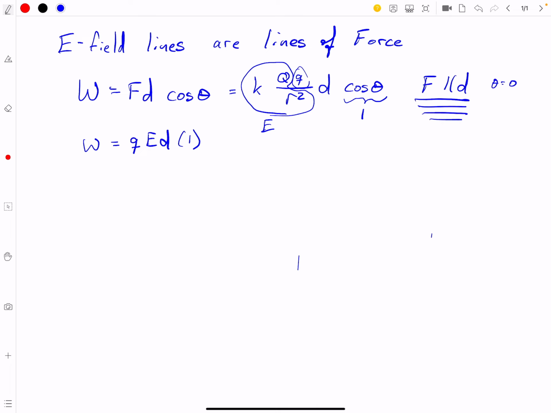And equipotential lines, however, W = F d cosine of theta. Along an equipotential line, let's just draw a simple one, a circle, and we're going to go from this point to this point.